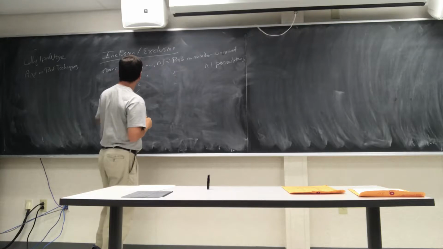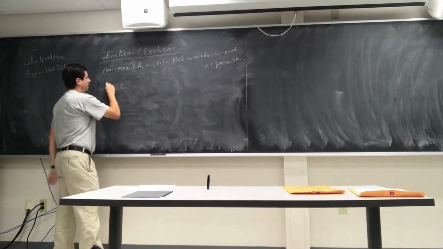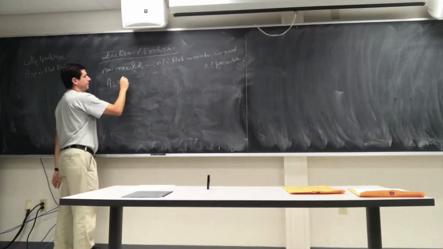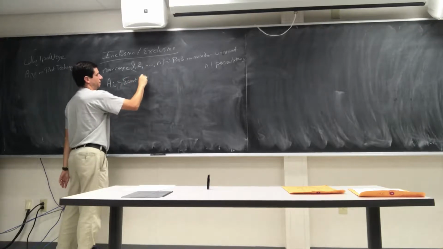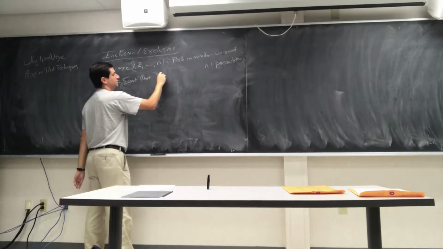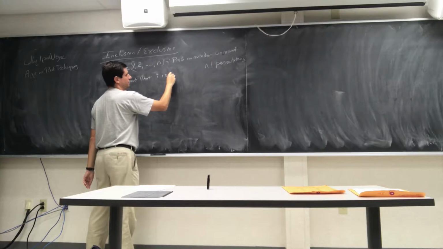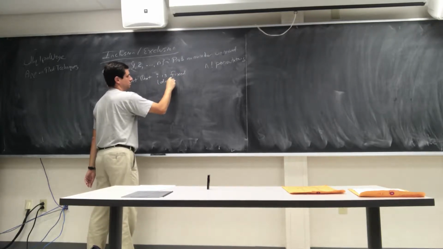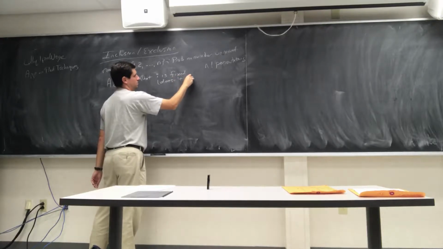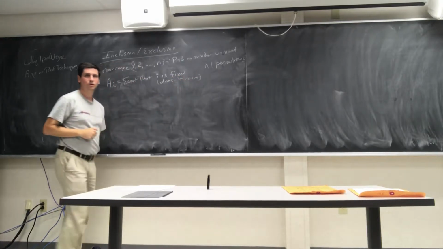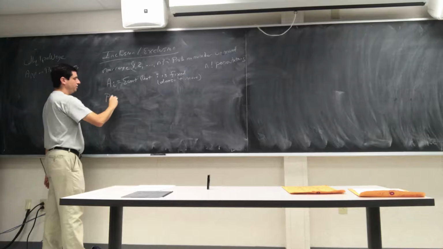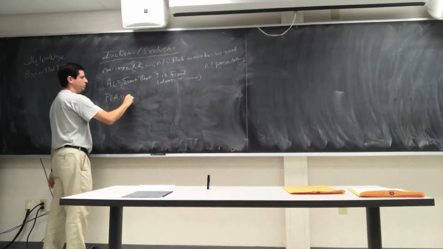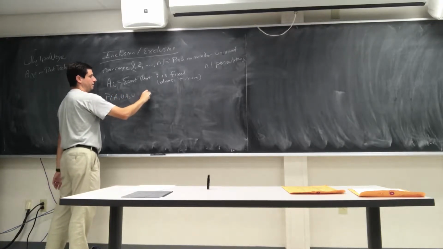So let's let A_i be the event that i is fixed, so it doesn't move. So we want to calculate the probability of A1 union A2 union ... union An.